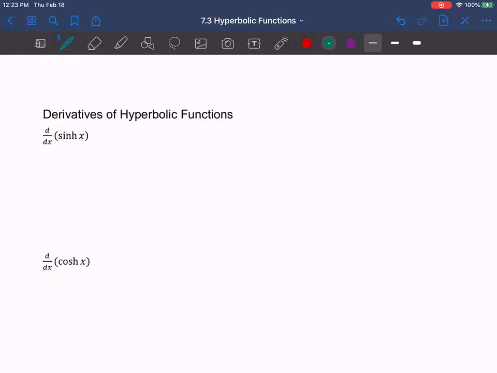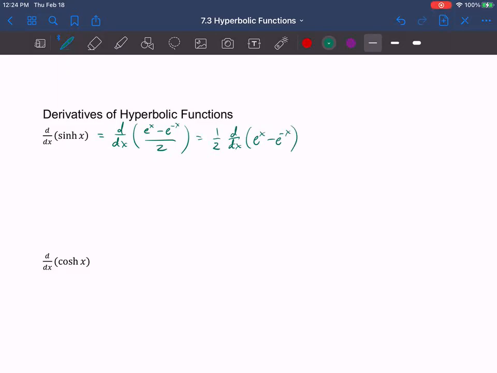All right, so now we're going to start doing the derivatives of hyperbolic functions. We're going to start with the derivative of the hyperbolic sine. And how do you think we're going to do that? The same way, we're not jumping to what the answer is. What are we going to take the derivative of? We can bring that 1/2 out front, d dx of e to the x minus e to the negative x.